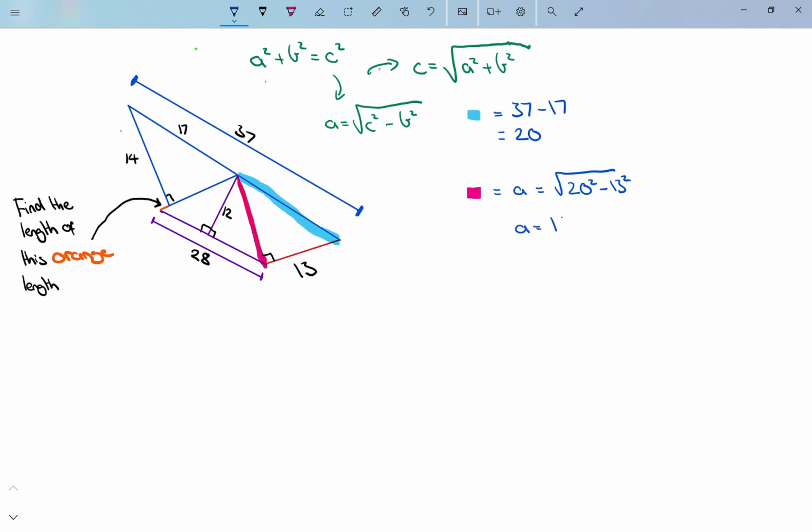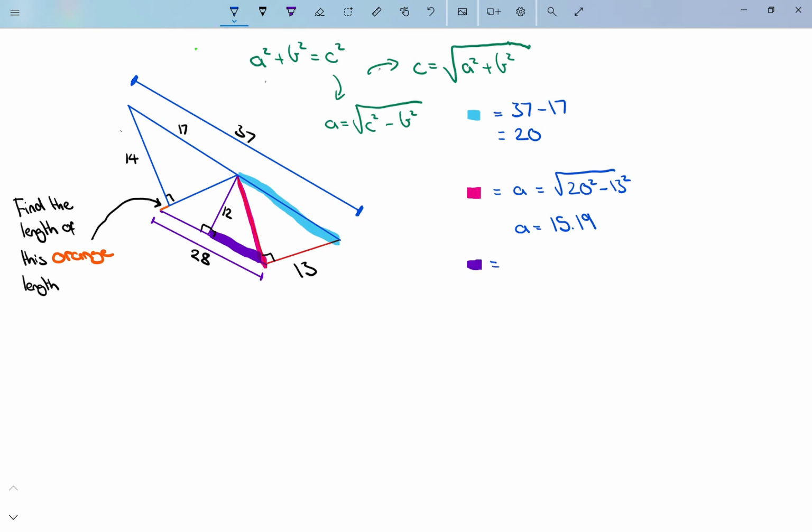Okay, so a equals 15.19, sorry. And again, I'm just going to be plugging these into my calculator instead of going through the whole mathematics because it just takes a little bit too long. So now that we have that a length, we can solve for that purple that I've just highlighted at the bottom of that triangle.